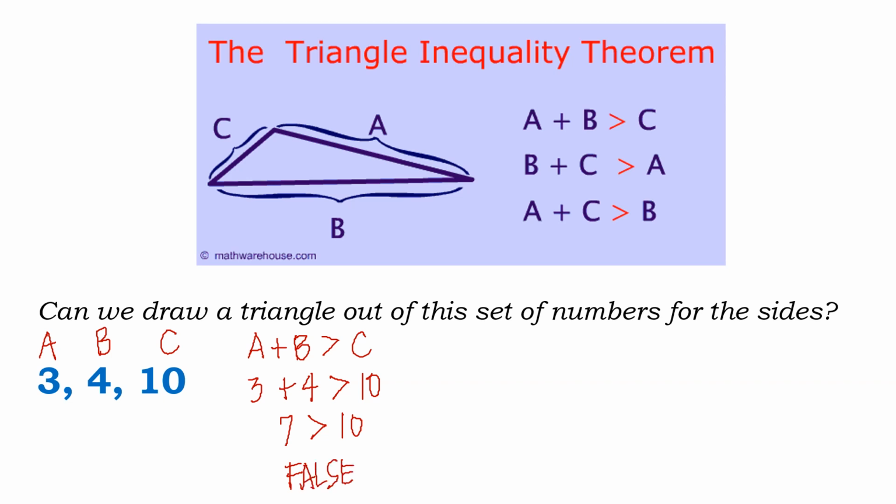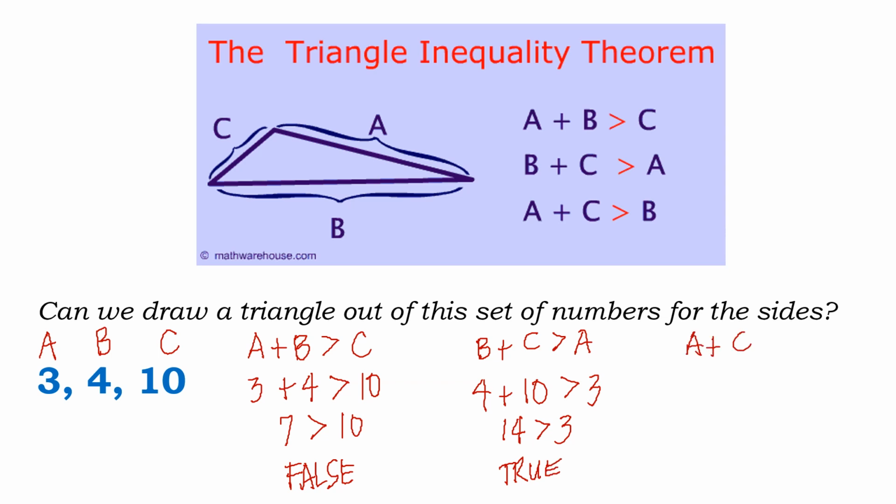Let's see. The next one is B plus C is greater than A. So our B is 4 plus C is 10 greater than our A is 3. So 4 plus 10 is 14 and it is greater than 3. So this one is true. And the last one is A plus C is greater than B. So A is 3 plus 10 greater than 4.